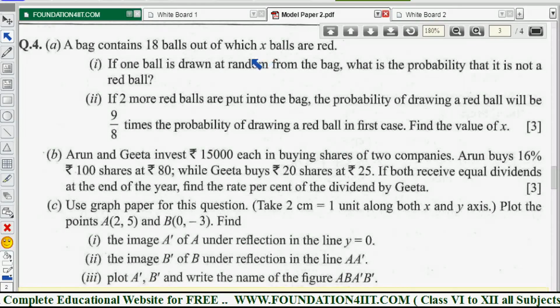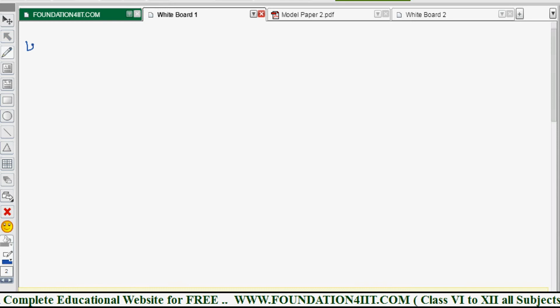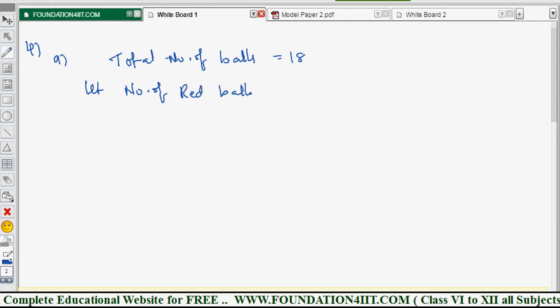Let us take the value of x as the number of red balls, then we can solve this. We take the given data first. In this first one, the total number of balls is given, that is 18, right? So the total number of balls is equal to 18, and let the number of red color balls be x.